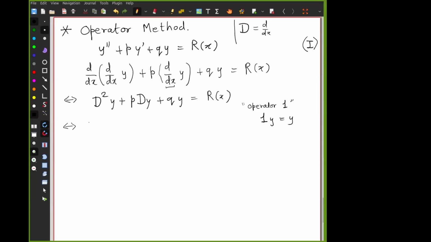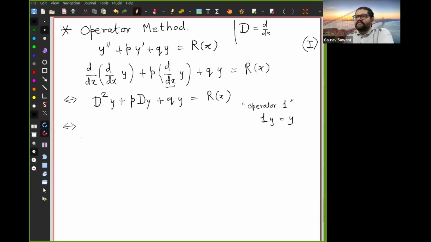That is the identity. So you can combine the operators to have a polynomial of operators: D square plus pD plus q times the identity, acting on y equal to rx. All right. And then the polynomial can be factorized, and then you have to do some things.